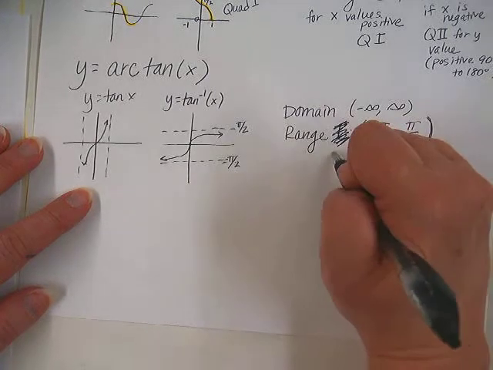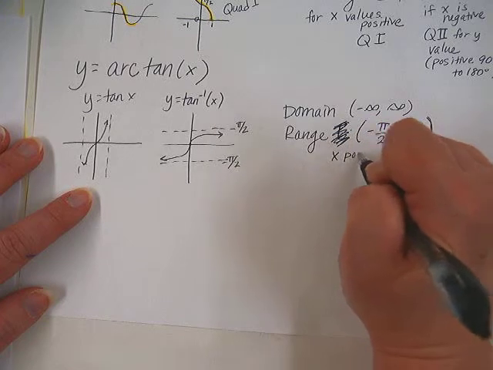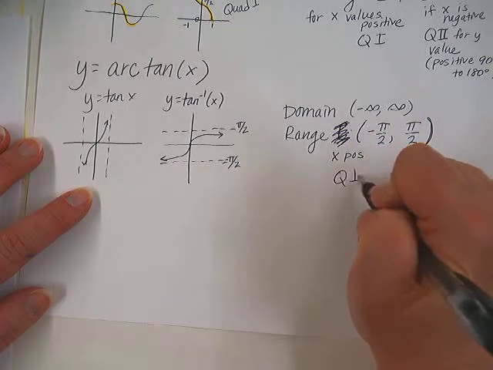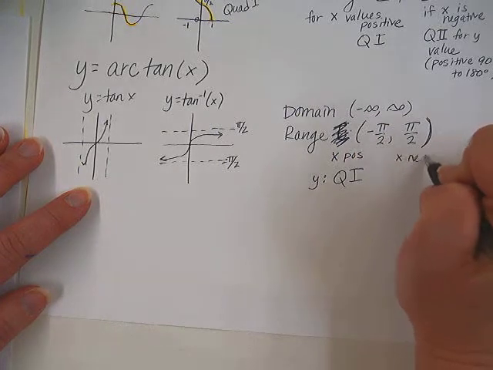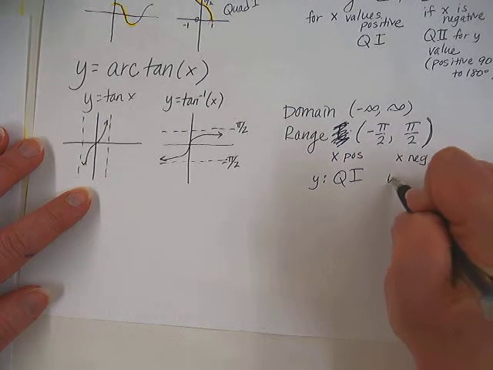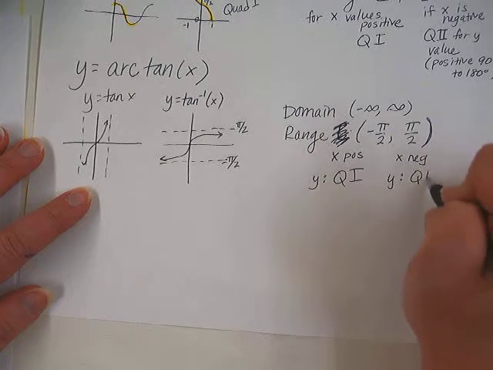That means for our x values that are positive, we're going to have a quadrant 1 angle for y. And for x values that are negative, we're going to have a negative y value in quadrant 4.